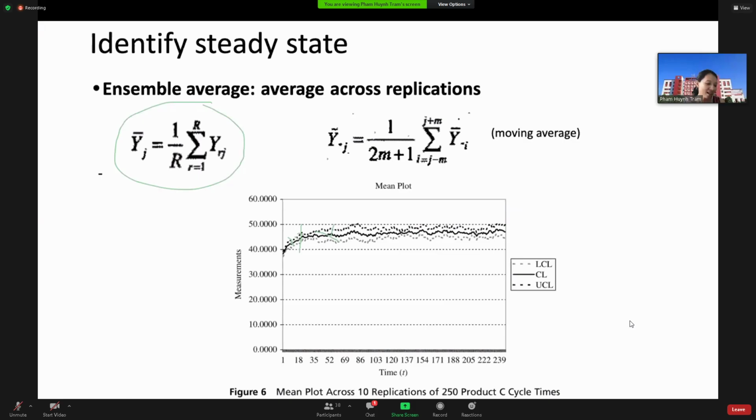And we can achieve an even smoother graph for identifying the steady state by plotting the moving average instead of the ensemble average. The moving average is like this.